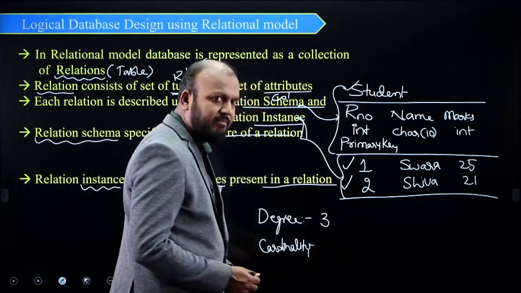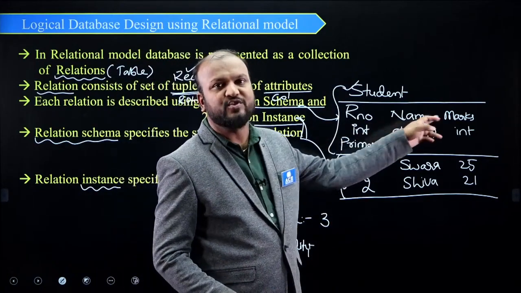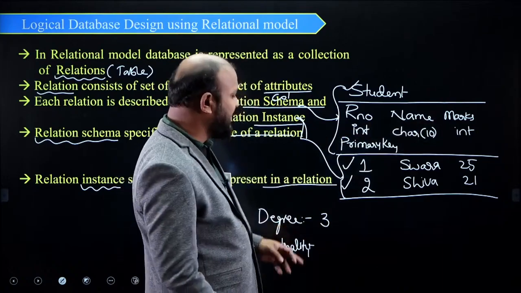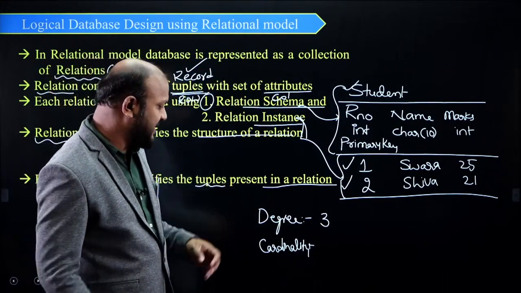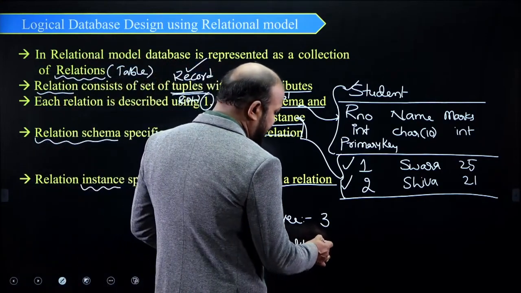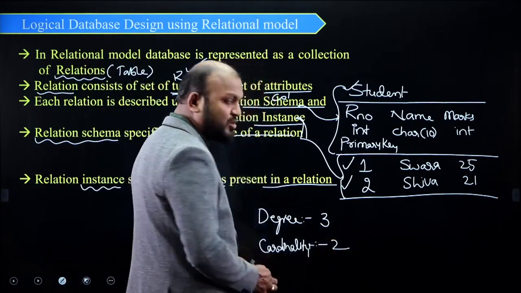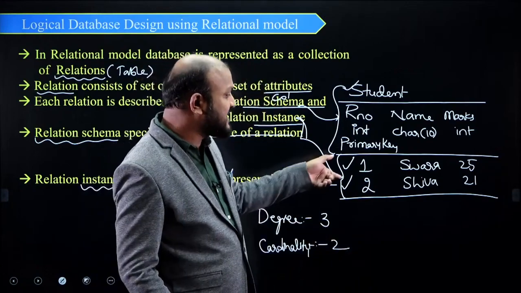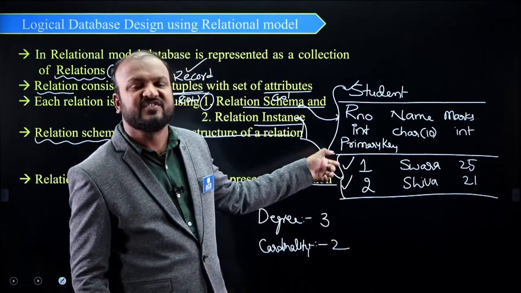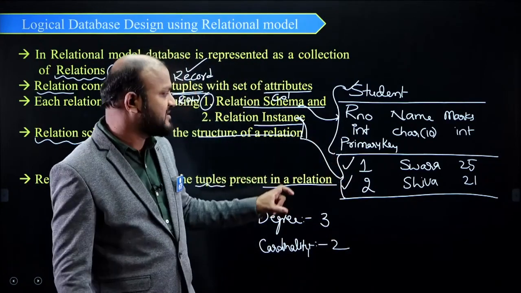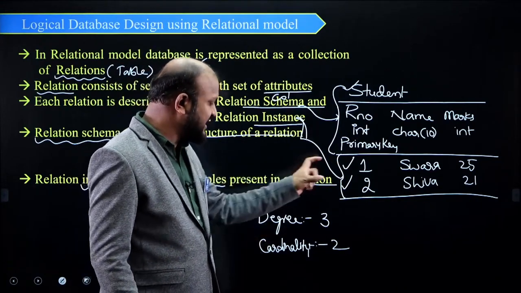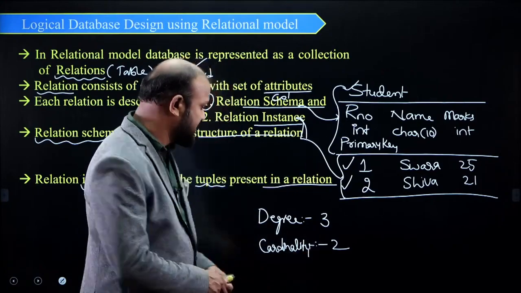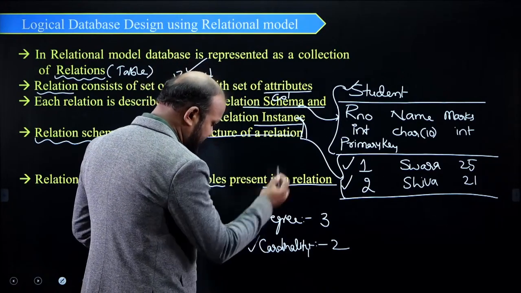It means the number of attributes in a relation is called the degree. What is the cardinality? Here the cardinality is 2. The cardinality specifies the number of tuples present in a relation instance. In an instance, how many tuples are present? That number is called cardinality. These are the two things.